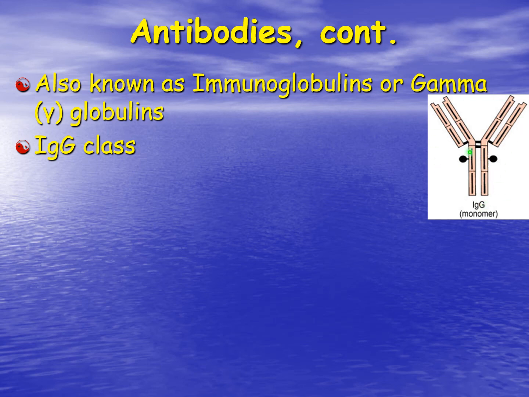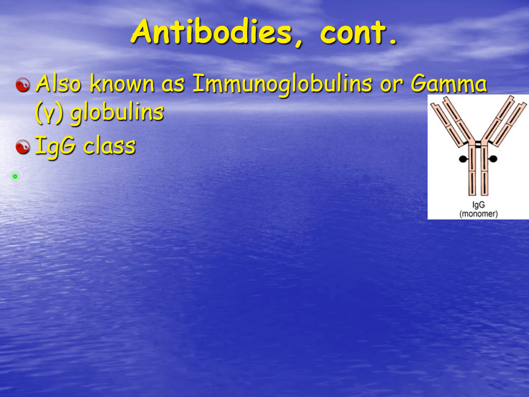These are the longest lasting in the blood, and they oftentimes are made in large numbers, especially in secondary immune responses. They also have the unique characteristic of being able to cross from maternal blood to fetal blood across the placental membrane. This sometimes can be a good thing, and it sometimes can be a bad thing.